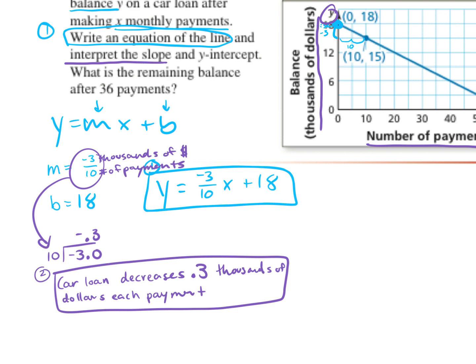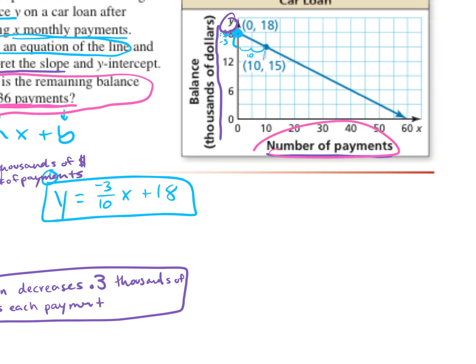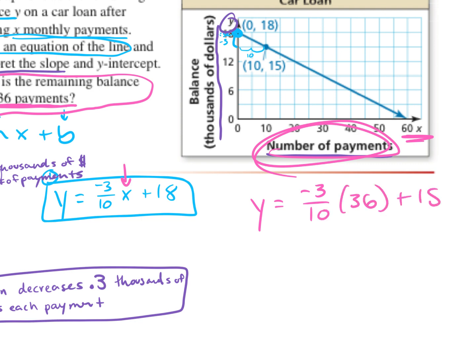The third part says, what is the remaining balance after 36 payments? 36 payments, do you think I'm going to plug 36 into the x or the y? The x, because x is talking about the number of payments. So number of payments is my x value. So I'm going to plug 36 into x. So I have y is equal to -3/10 times 36 plus 18.